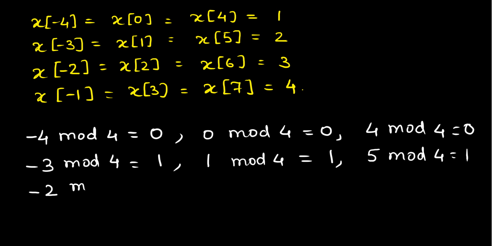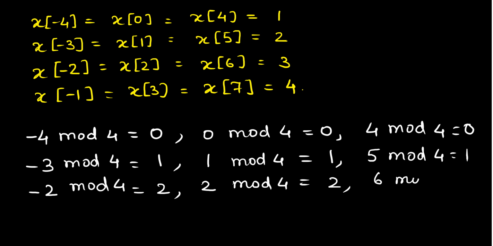Minus 2 mod 4, the remainder would be 2. 2 mod 4, the remainder is 2, and 6 mod 4, the remainder is again 2.